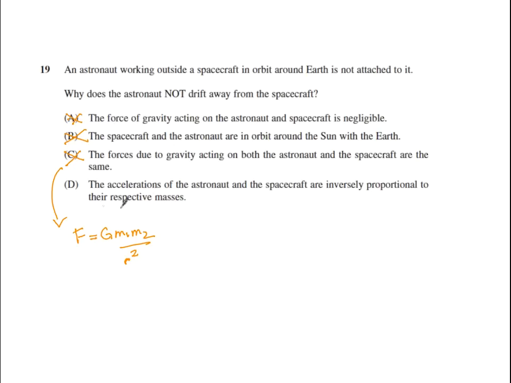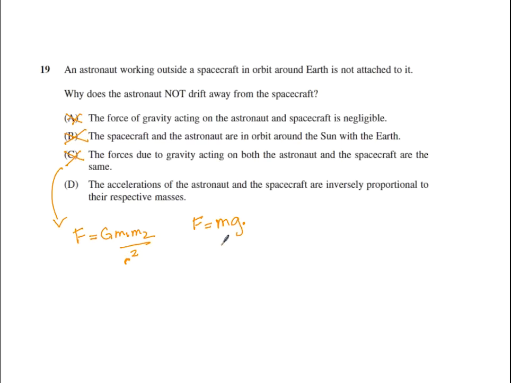Okay, so that only leaves D. Let's read out D. The accelerations of the astronaut and the spacecraft are inversely proportional to their respective masses. Well, I guess if you argue that F is equal to this value here, or in simplistic terms mg', and we'll put g' here because it's actually not g equals 9.8, but some other value.